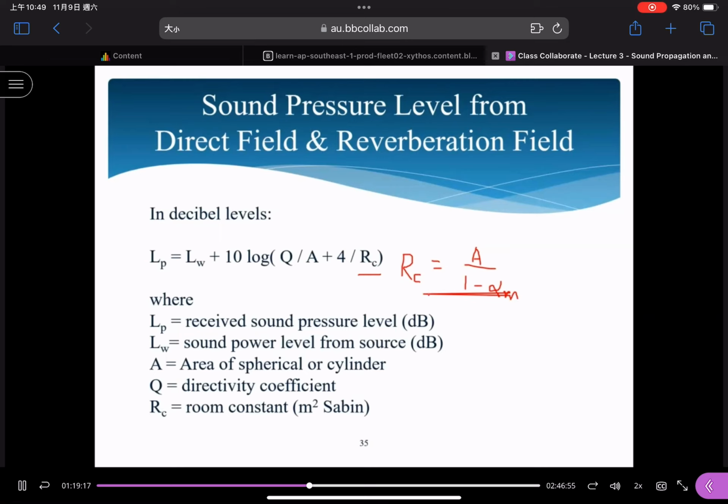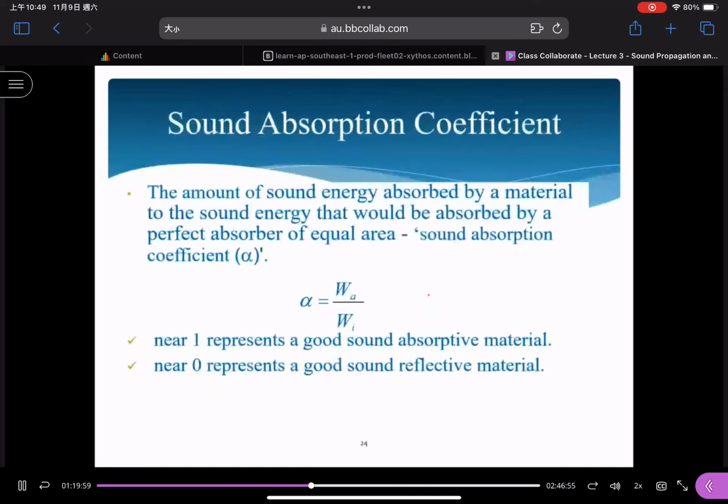In these equations, if we do not need to consider the reverberation field, if we assume that all the sound can be absorbed, that means no reflection effects, we just need to consider the first term. For the second case, if we achieve the steady state, we do not need to consider the direct field. Why, under steady state, do we not need the direct field? You may go back to this figure.